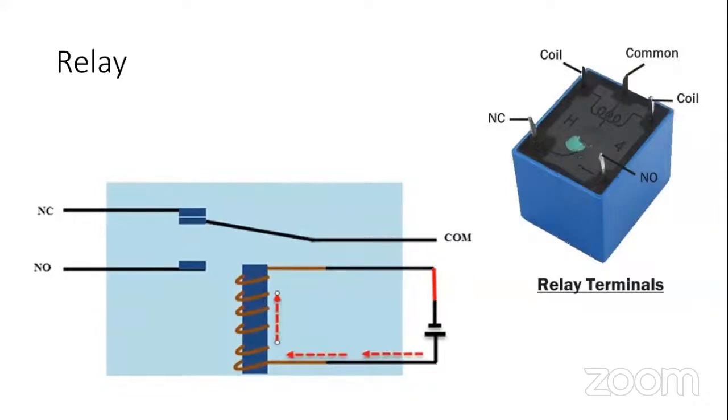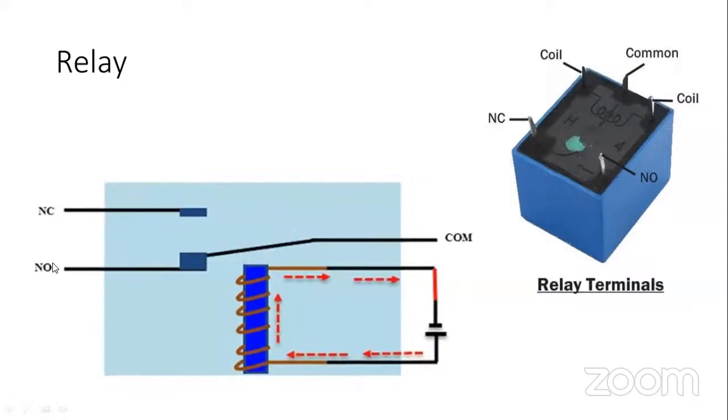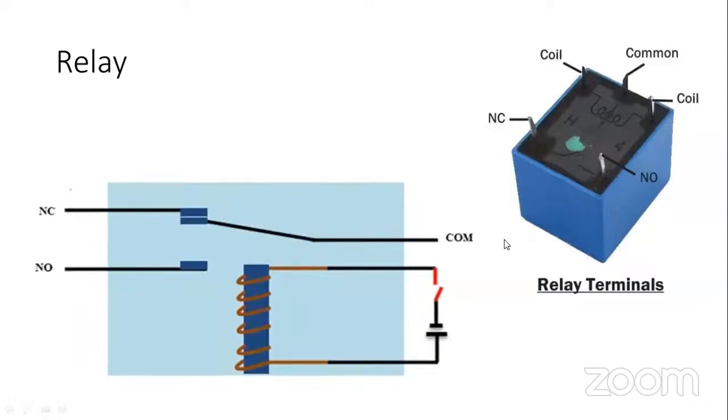In this relay you can see there are terminals. This one terminal is known as NC. NC stands for normally closed, NO stands for normally open, and COM stands for common terminal. So these are the terminals of a relay.